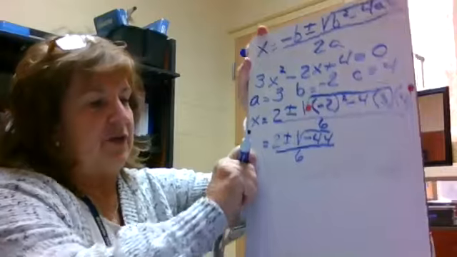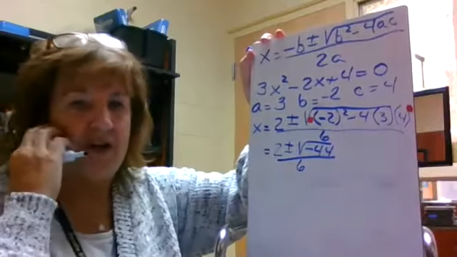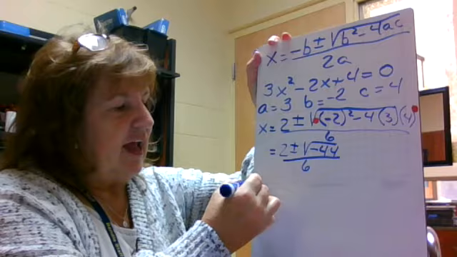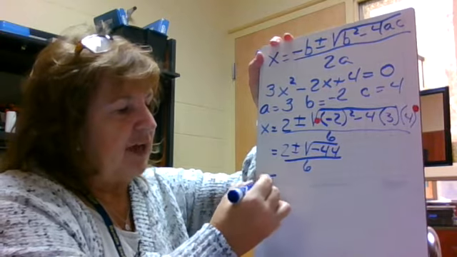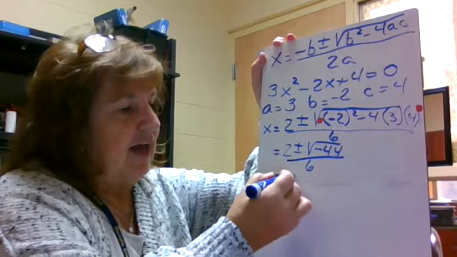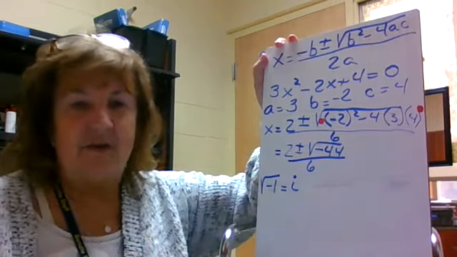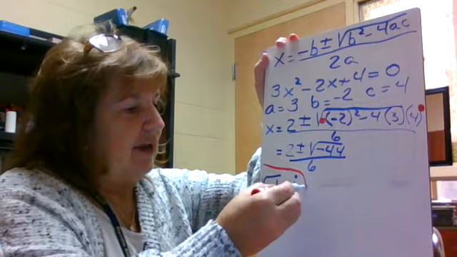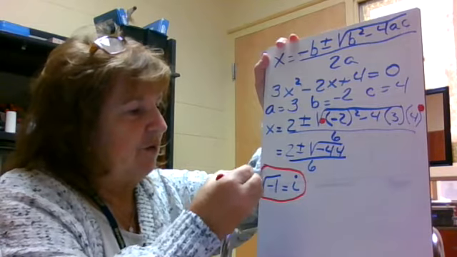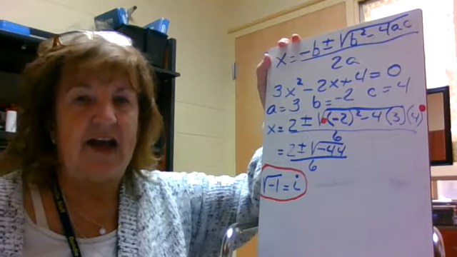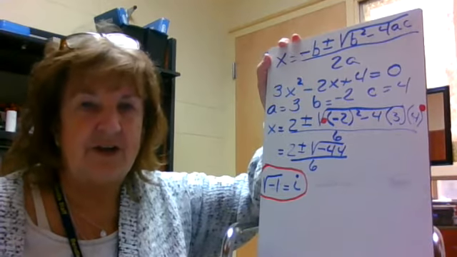The rule that we use for imaginary numbers is the square root of negative 1 is equal to i. It's a little letter that we've never used before, but we're going to say that the square root of negative 1 is going to equal that value, that i, and the i stands for imaginary.